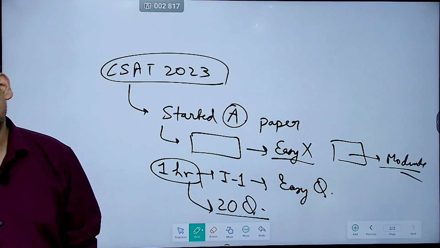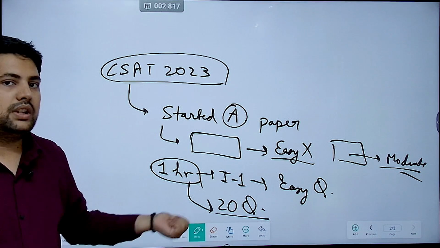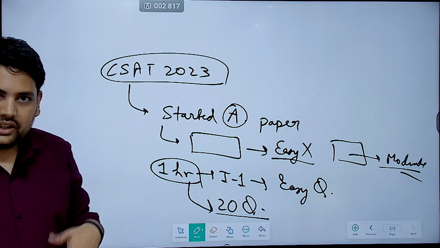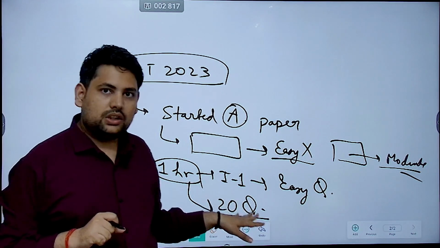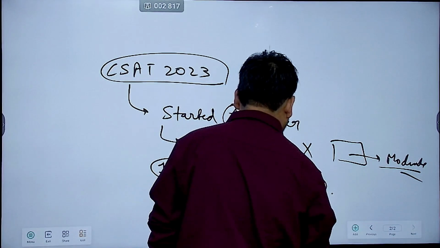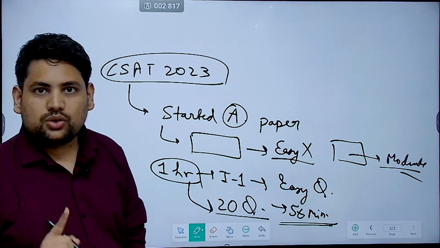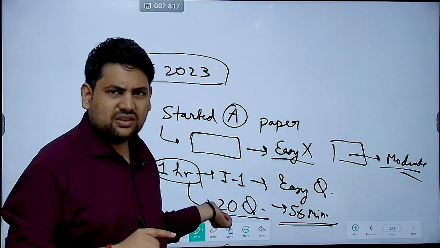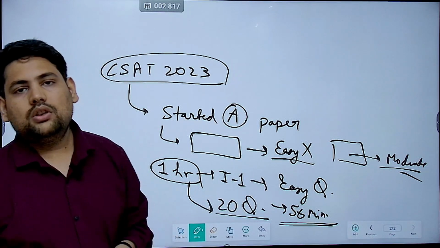And now panic struck. You can ask all those people who gave the 2023 prelims, they would tell you that after the first hour they were panicking like anything, because they had attempted only 20 questions. Bubbling is also there. So in the next 50 minutes, they had to do around 30 questions, because we are never sure about these either.